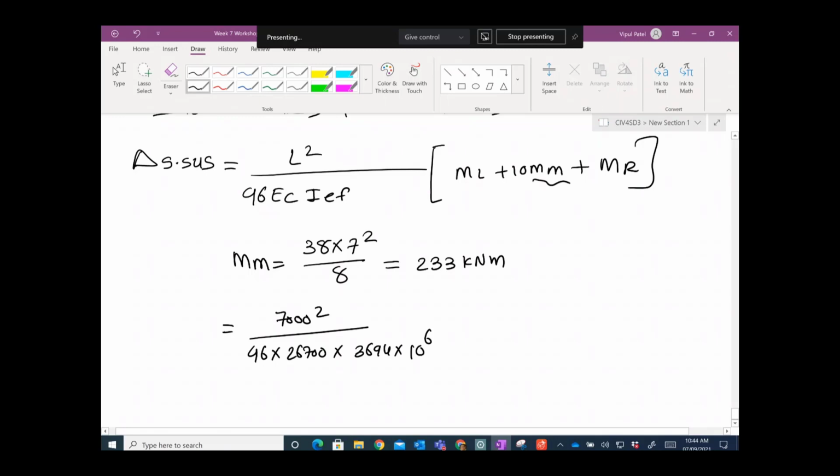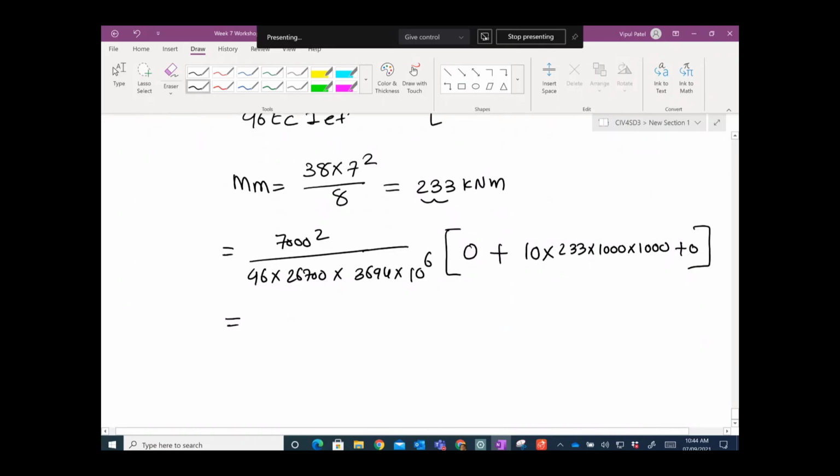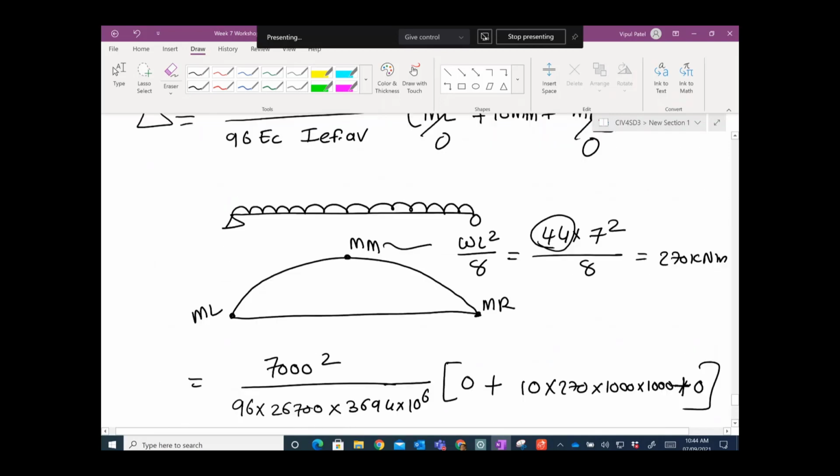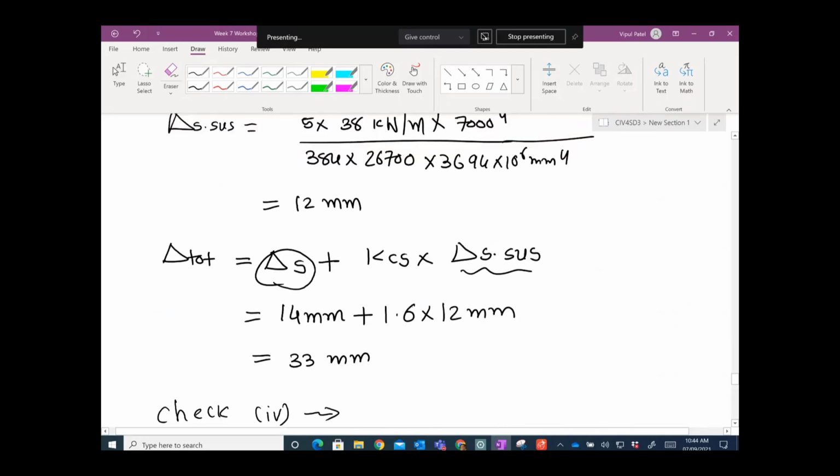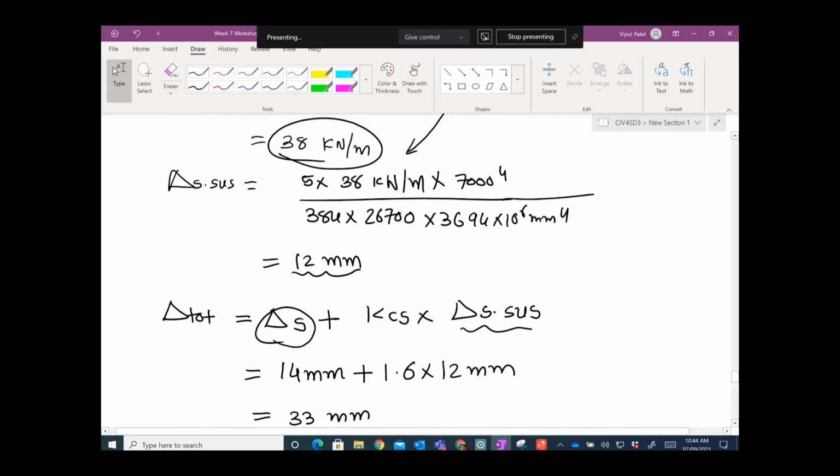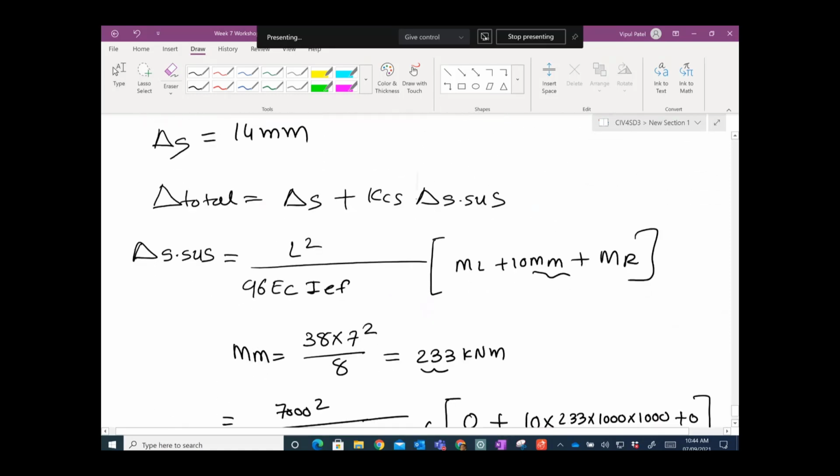Some of the values I now remember by myself. Left side is 0. In the middle you have 233 times 1000 to convert into Newton, times 1000 to convert into millimeter, plus mr equal to 0. So if you calculate that, you get 12 millimeters. Again it is the same as what we did, 12 millimeters sustain. And KCS is exactly the same. There is no issue.